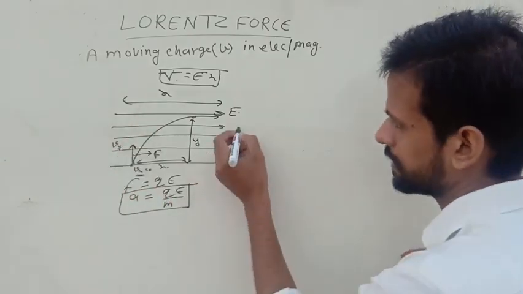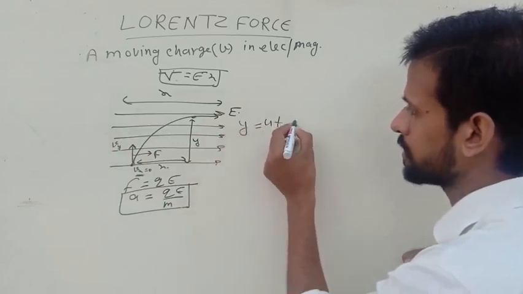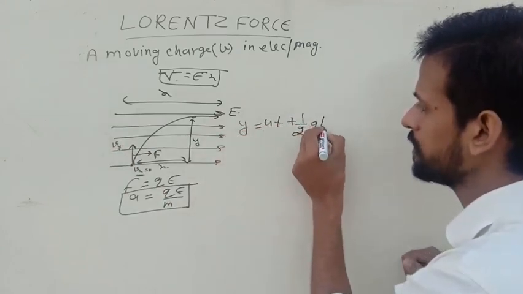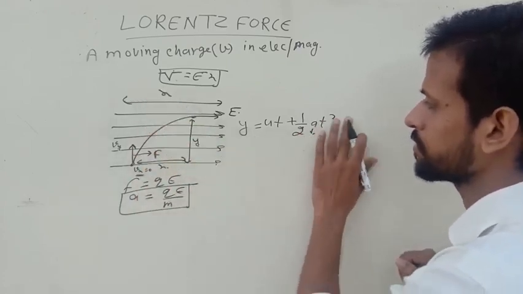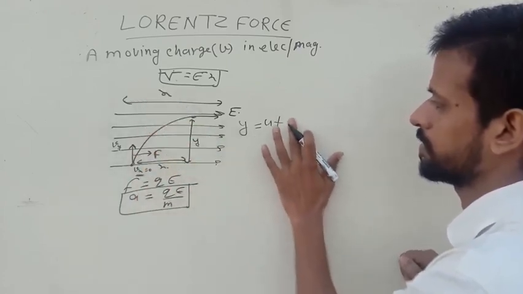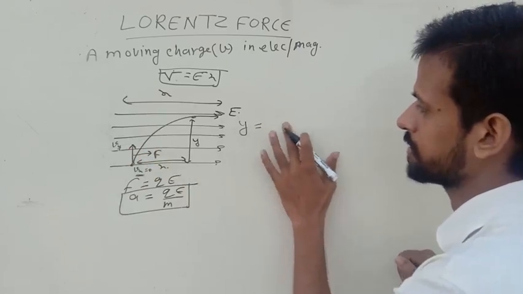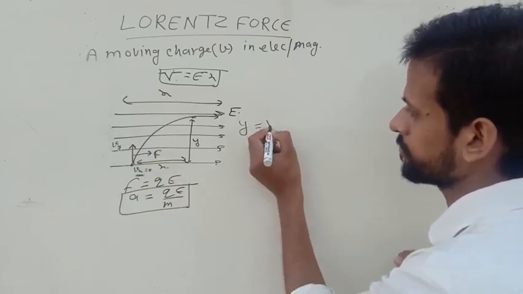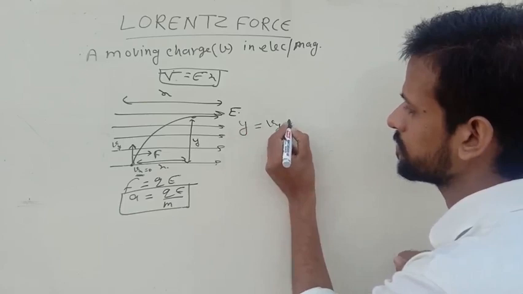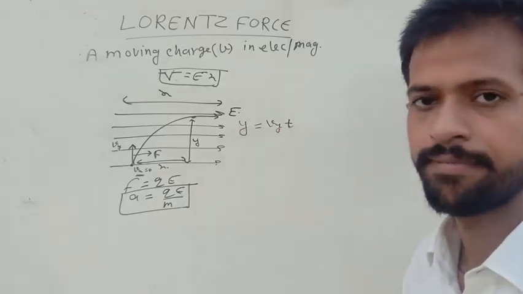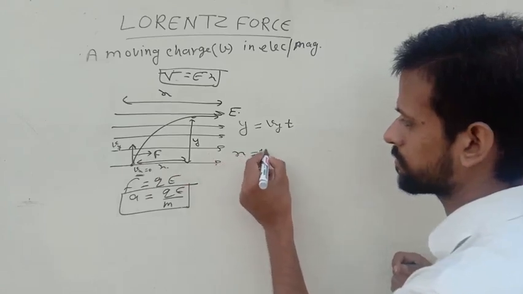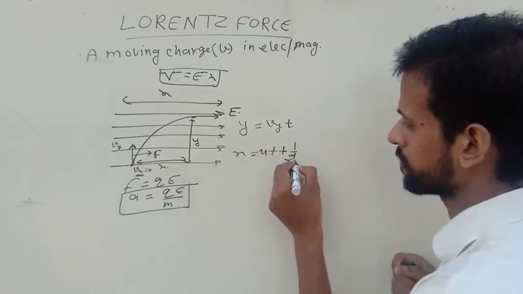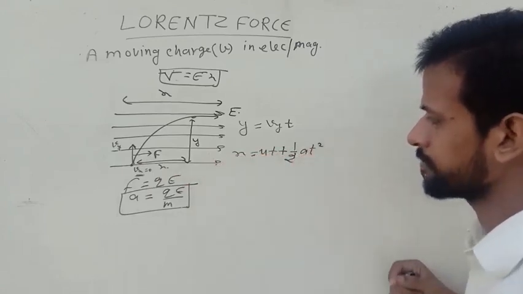Now if we write y is equal to ut plus half at square, then acceleration is 0 for the y axis, so this term will be 0, and u is Vy, so y is Vy into t. Now for x, x is equal to ut plus half at square.